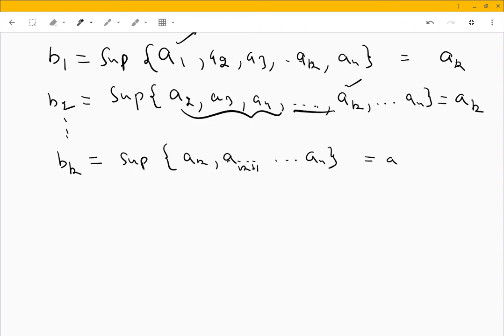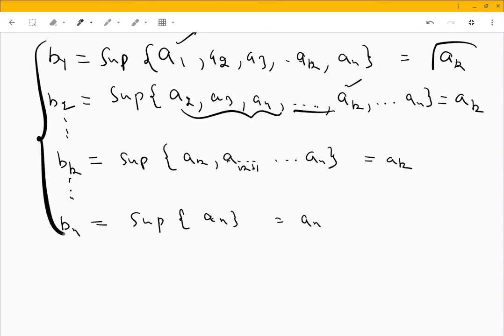We are still taking the supremum, right? And this we keep on doing till BN, supremum of AN. And then we take the infimum of these, infimum of BN.